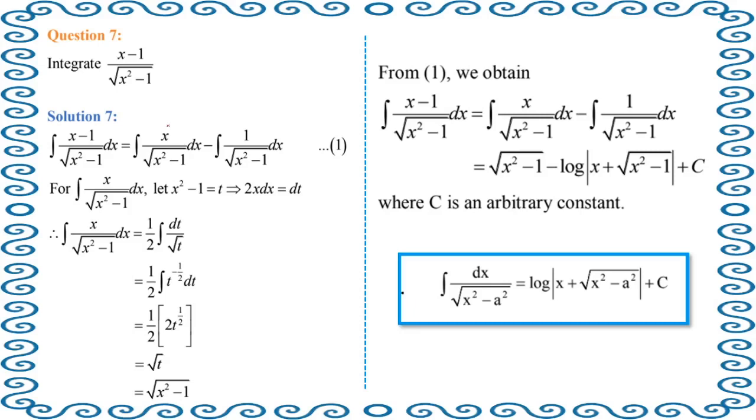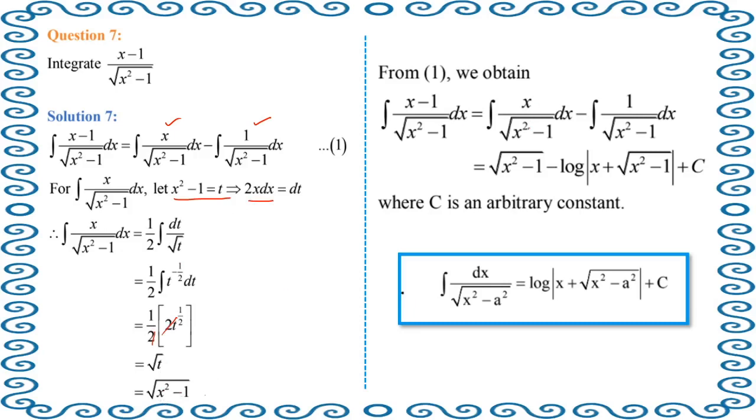Now 7th question, here x minus 1 upon under root x square minus 1. What are we doing? We are splitting it into two terms. Now for the first term, x upon under root x square minus 1, we are assuming x square minus 1 as t. So 2x dx equal to dt. The given integral will become like this. We are talking about the first term only. Now it will be equal to root t. Root t is under root x square minus 1.